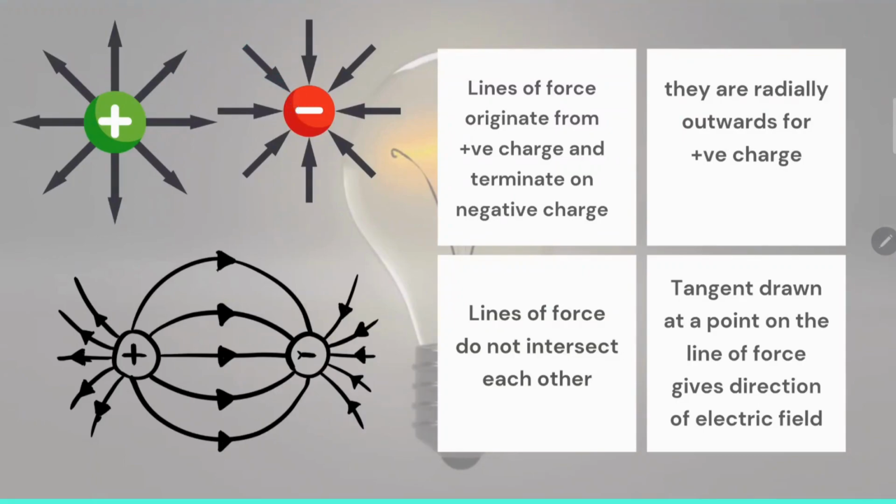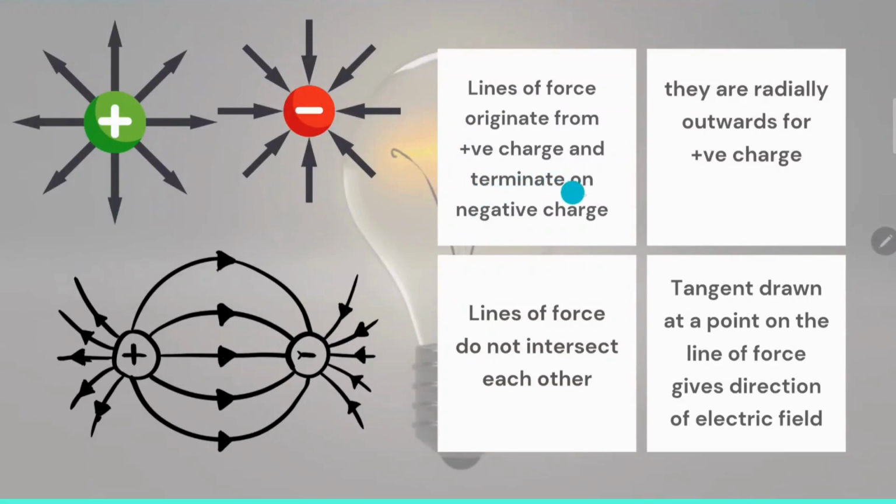Based on this, the electric field lines near the charges have been defined, and here in front of you, you can see four points. I will explain those points, so listen carefully. The lines of force, that is, the electric field lines, originate from positive charge. Plus ve means positive. In the examination, if you are writing the statement, you have to write the full word positive.